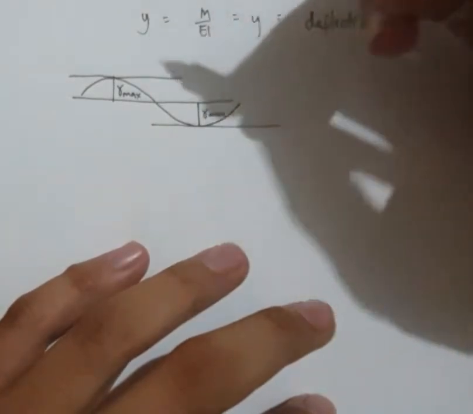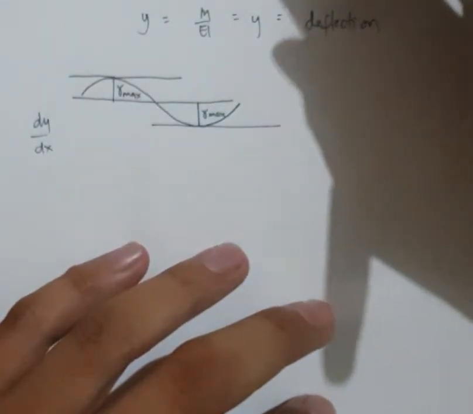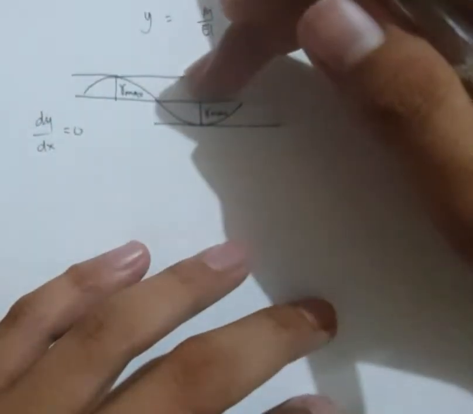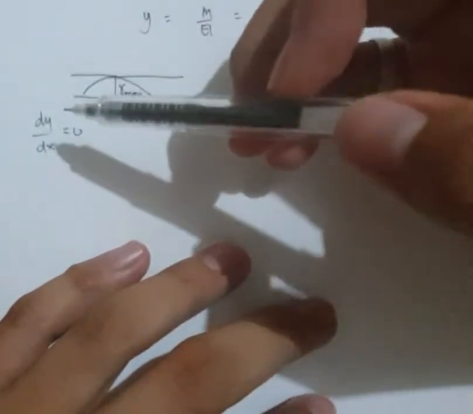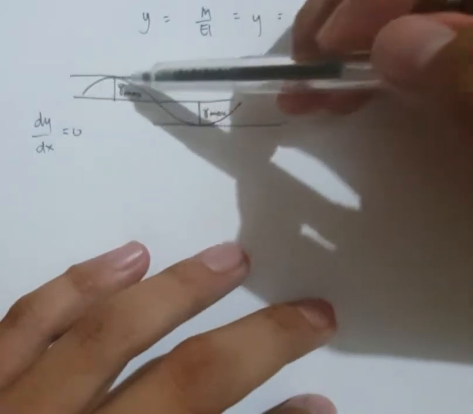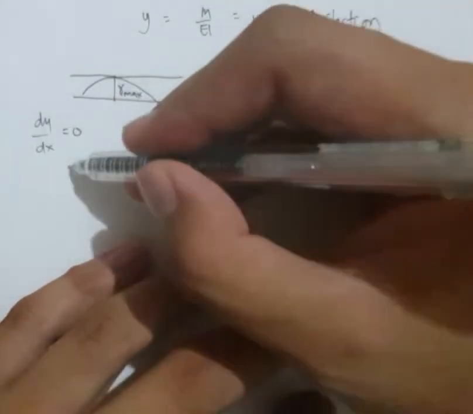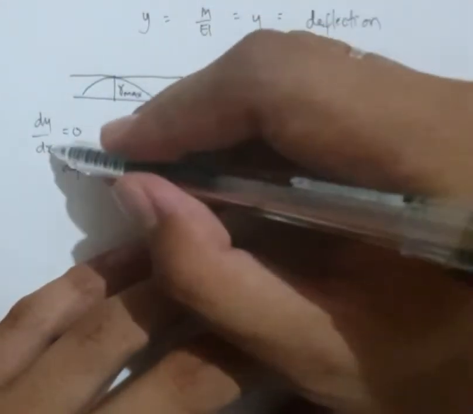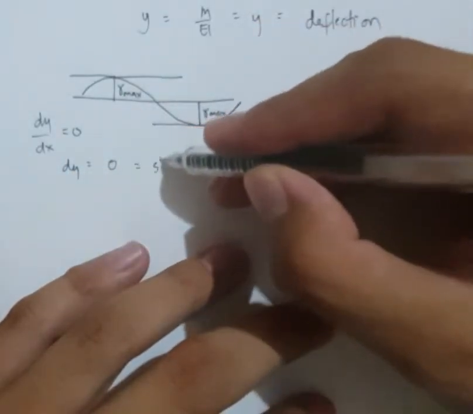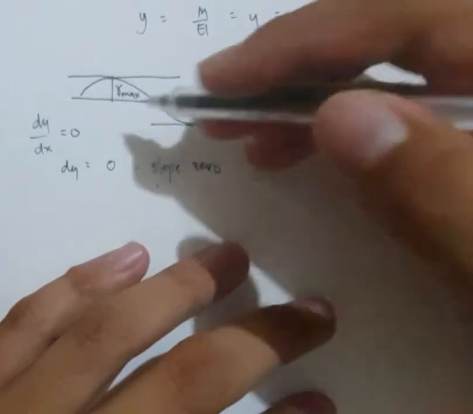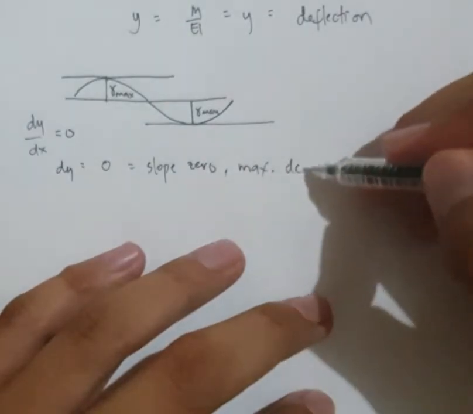So you can see that dy/dx, which is the slope, is 0, right? Rise over run, no rise, only run. So rise over run, 0 over run, dx equals 0. So if the slope is 0, there occurs the maximum deflection.